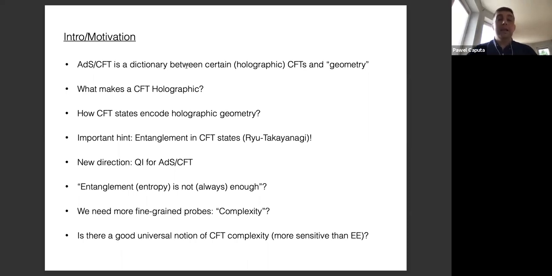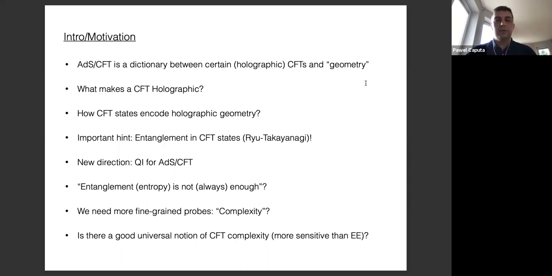In AdS/CFT, there is a certain dictionary between certain holographic conformal field theories and geometry, usually the geometry of anti-de Sitter spacetime. We have several explicit examples of AdS/CFT, but in general we would like to understand some basic facts, namely what makes certain CFTs holographic.